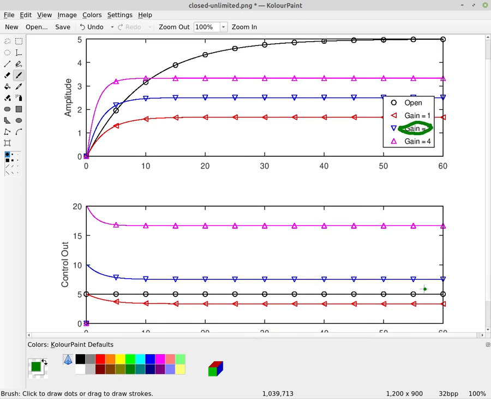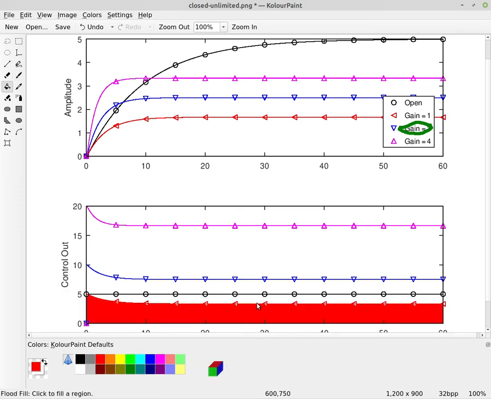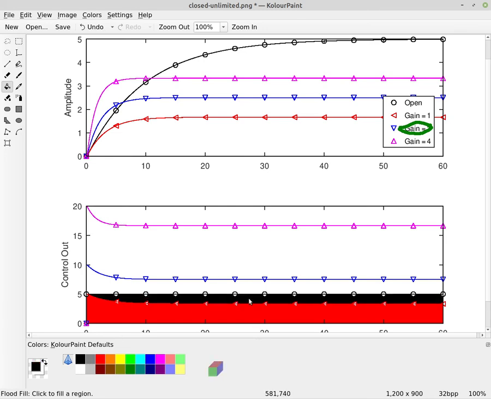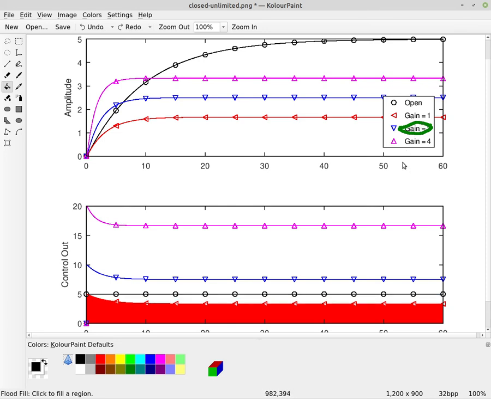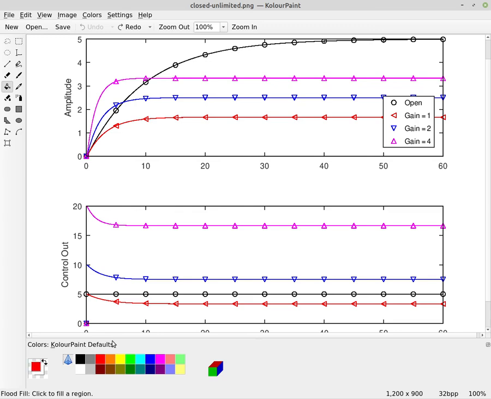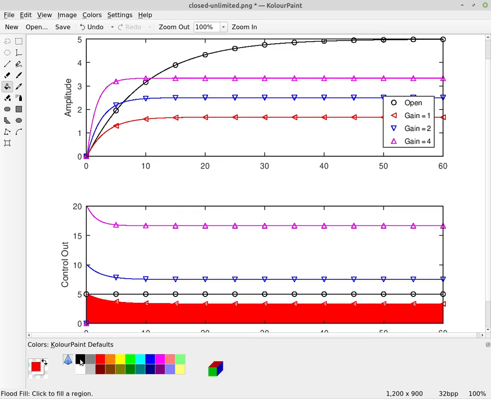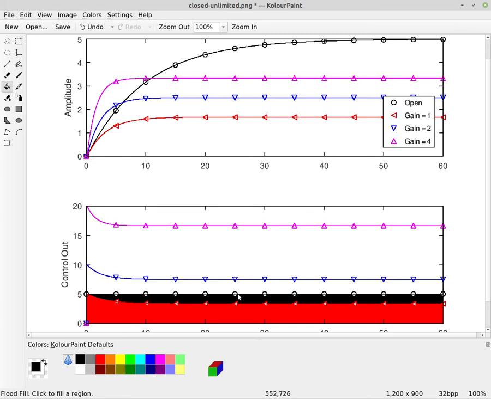If we look down here, when I pushed it with a gain of 1, I didn't actually use much energy. When I pushed it with the normal open loop gain, I actually gave it more energy than I did when my gain was 1 here.